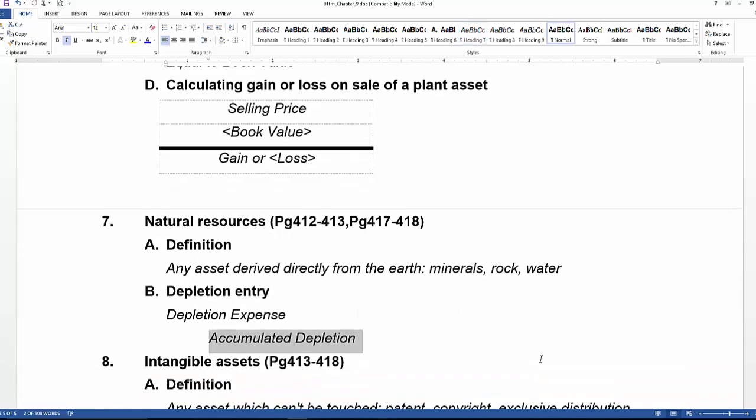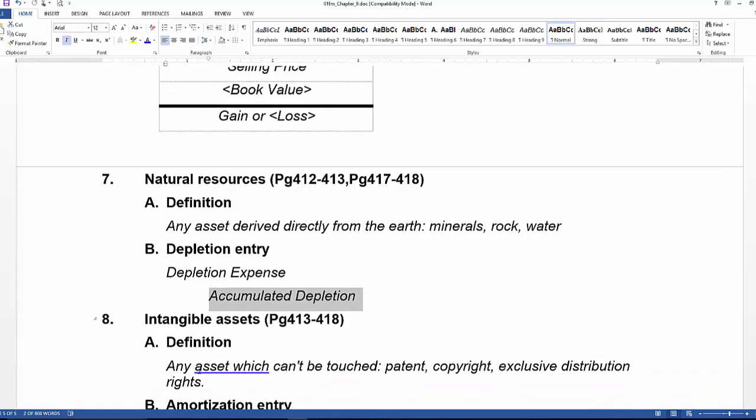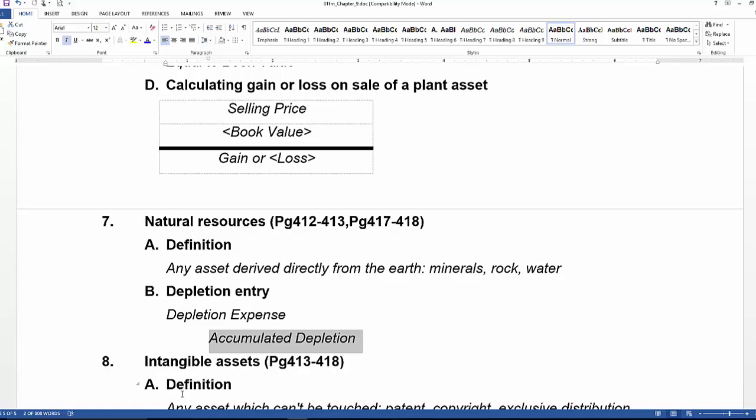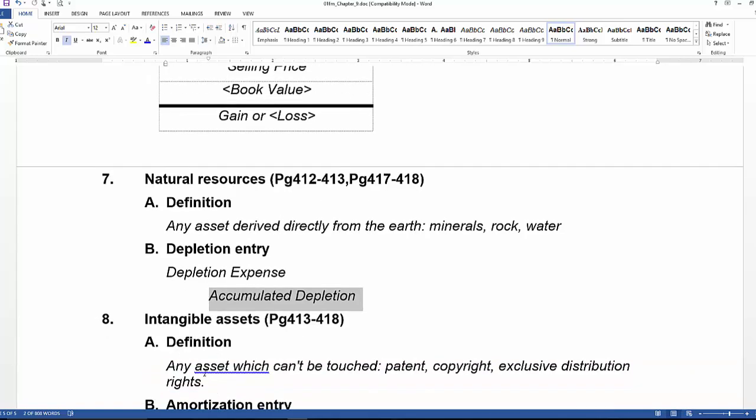If, for example, however, you purchase a copyright, a patent, or something like that that has a cost, and you're able to make money with that over time, typically those things will expire through time, but there may be other factors that influence how they expire, like maybe you have exclusive distribution rights for up to a certain number of units of a product or something like that.